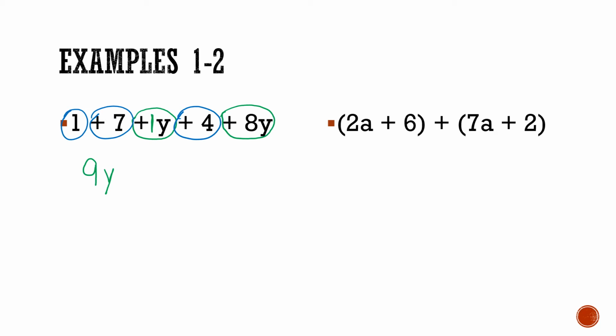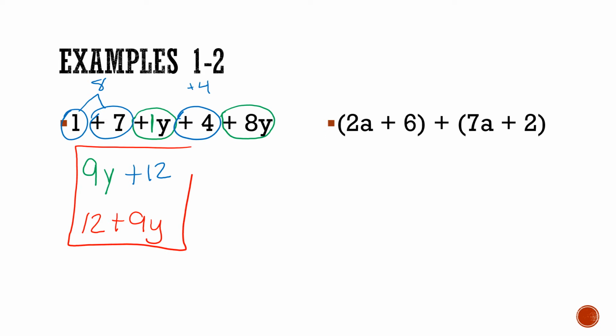So then we have 1 plus 7. So this will be 8. And then we still have to add this 4 here. So 8 plus 4 is 12. So we get 9y plus 12. And that can also be written as 12 plus 9y. But we cannot combine those terms because the 12 does not have a y.